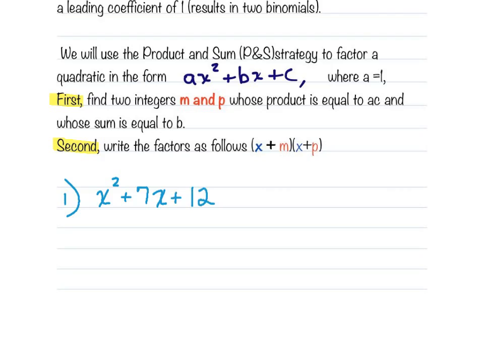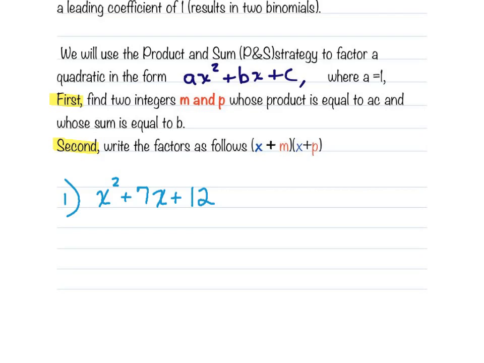And the directions will say to factor this trinomial. Well, I look at it and I note that there is no GCF. It doesn't have 4 terms, so I can't use grouping. So I'll need to try to factor this polynomial using the PNS strategy, or the product and sum strategy.